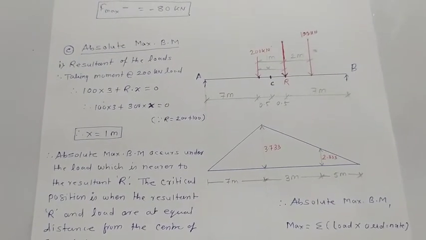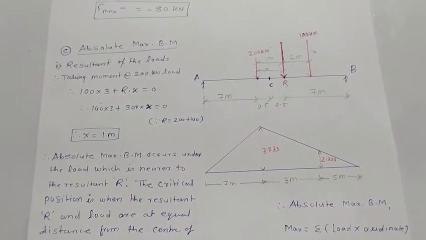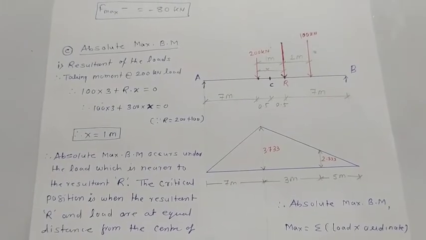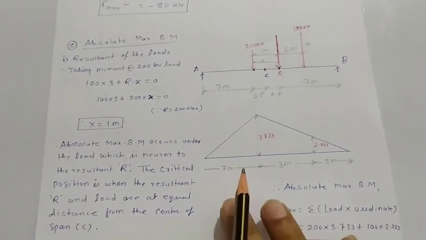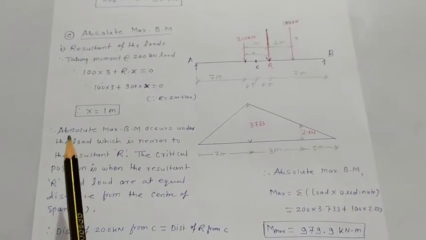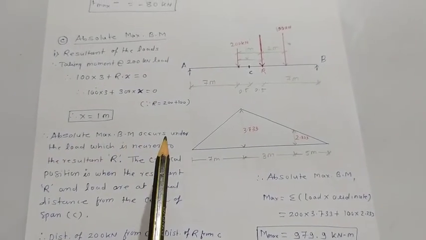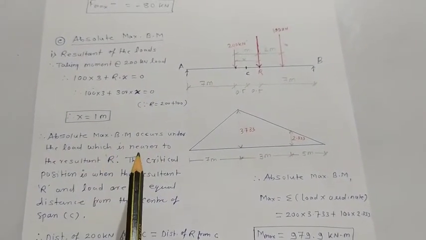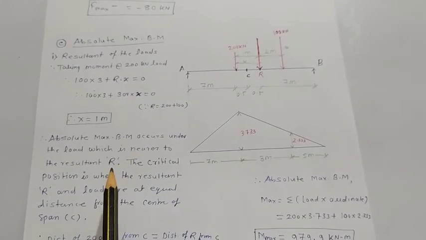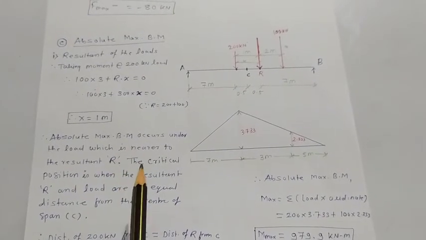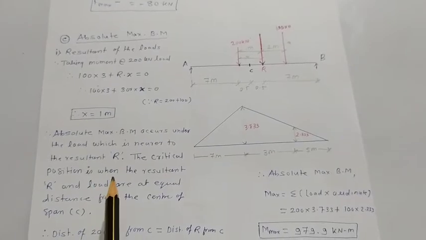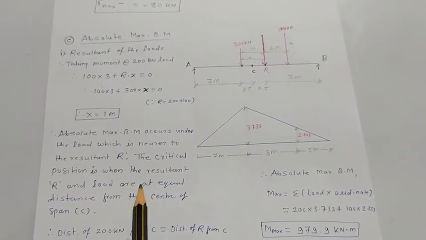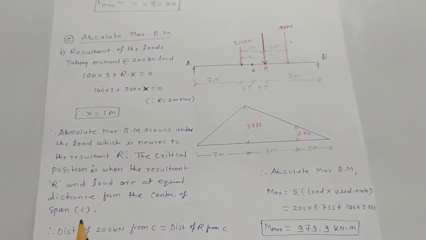Now we have to locate where the absolute maximum bending moment will occur. So this is the condition: the absolute maximum bending moment occurs under the load which is nearer to the resultant R. The critical position is when the resultant R and that load are at equal distance from the center of the span.